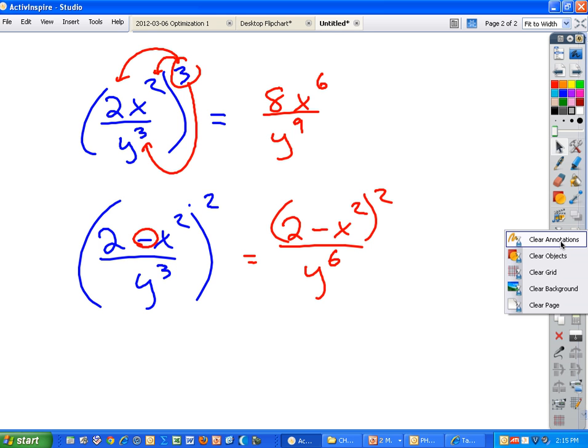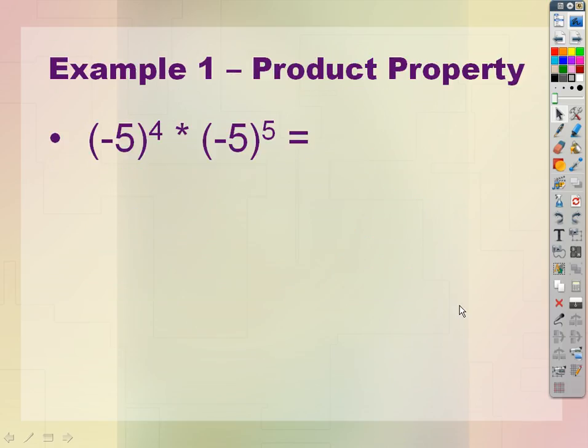All right. So real quick, take a look at that. What do I get? Negative 5 to the 9th. Multiply like bases, you add the exponents. And if I do that, it's just some big negative number.